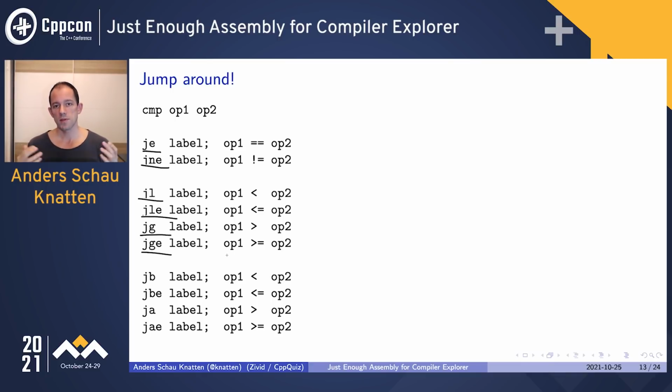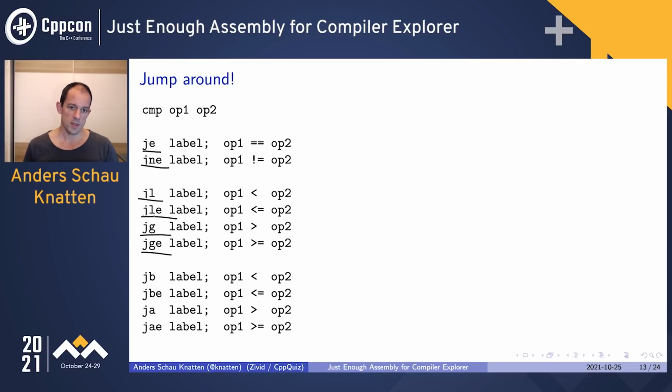But I said earlier that assembly doesn't have types. It just has bytes, right? So if I want to compare these 4 bytes with these 4 bytes, well, how do I interpret these 4 bytes? Are they to be interpreted as signed or as unsigned or whatever? The comparison doesn't know. So we have to, in our conditional jumps, decide whether to interpret the results as if they were signed or unsigned.